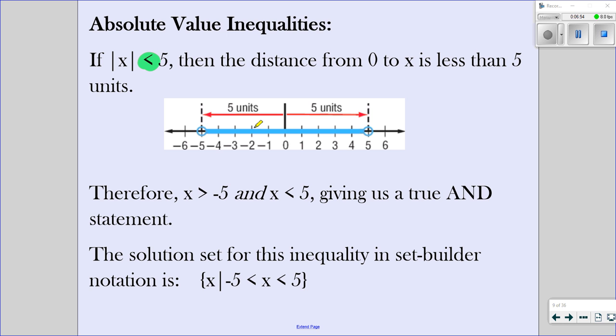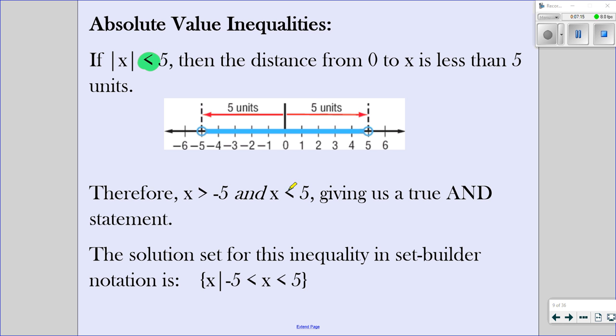So you have your center, and therefore it says x is going to be greater than -5, and then x is going to be less than 5.